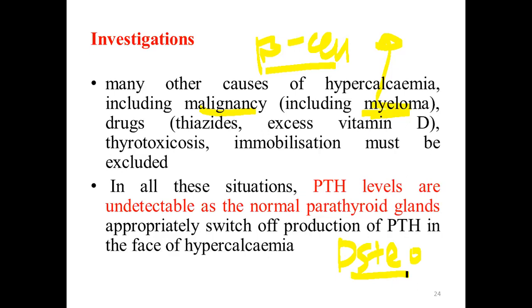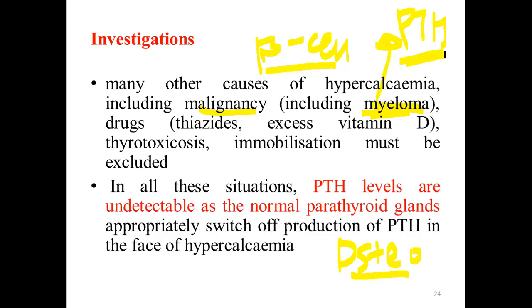And apart from that, some myeloma cells produce parathyroid hormone related peptides. These PTH related peptides can work like parathyroid hormone, so that they promote excessive production of calcium by causing bone resorption.